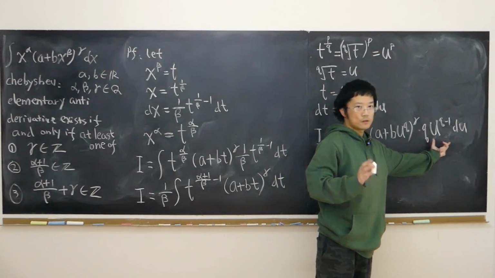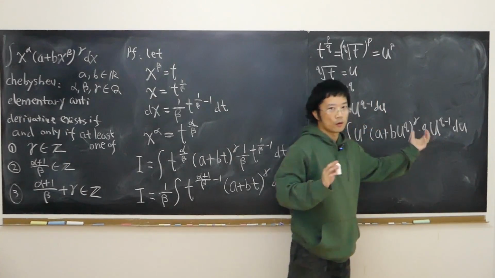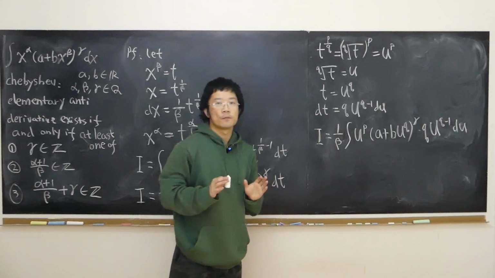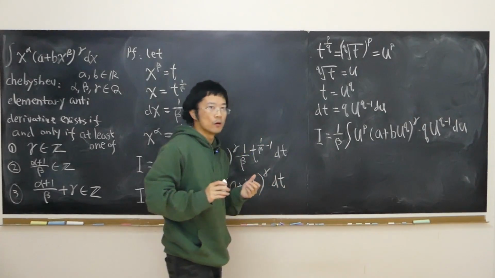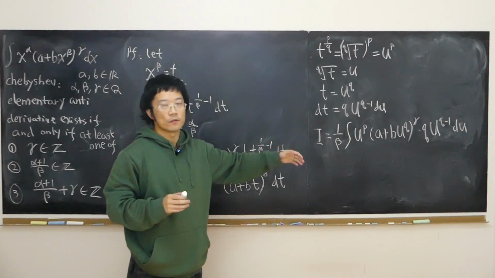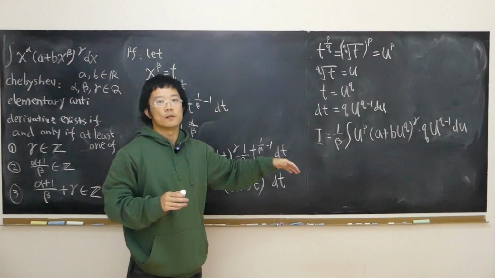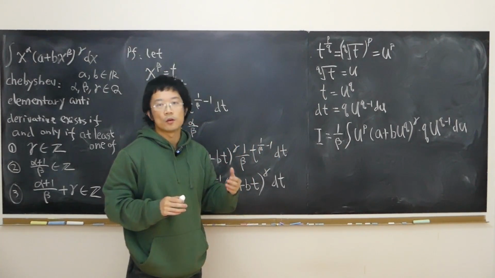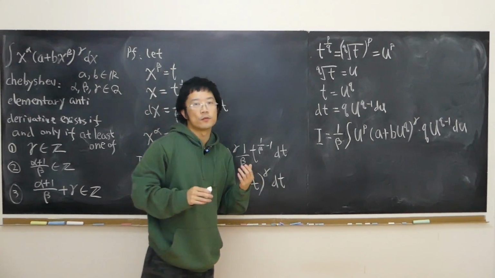And let's look at this term. q is a constant. u to the power of q minus 1, of course, is a polynomial. So when you multiply them all together, you're going to get either a polynomial or a rational function. If it's a polynomial, fine, great. We can easily find its antiderivative. If it's a rational function, then we can simply factorize the denominator, then split it into a number of different rational functions, then find the antiderivative for each one of them.